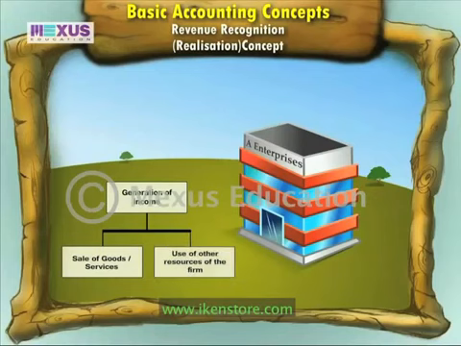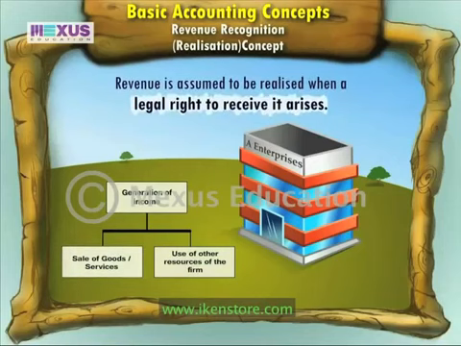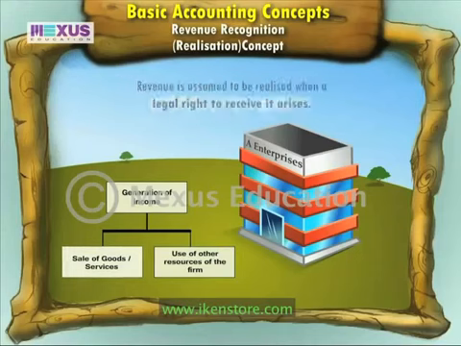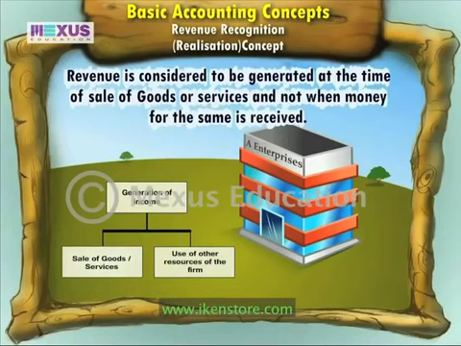Second, by use of other resources of the firm, for example, interest, royalty or dividend. Revenue is assumed to be realized when a legal right to receive it arises. In this case, when goods have been sold or a service has been rendered, revenue is considered to be generated and not when money for the same is received.